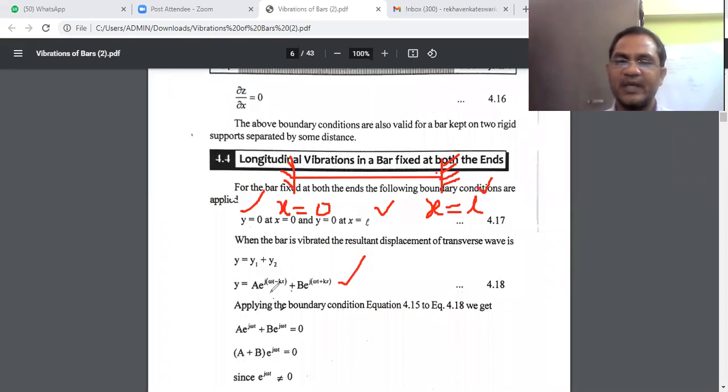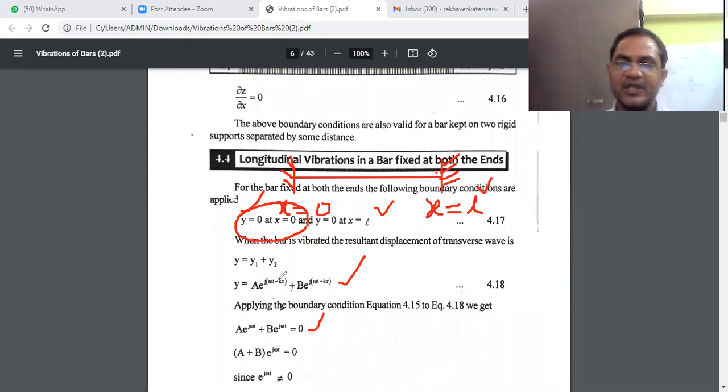Y is equal to a e power j into omega t minus kx plus b e power j into omega t plus kx. First, let us apply this boundary condition. Putting x is equal to 0, y equal to 0. So in this expression, you put x is equal to 0, then y equal to 0.